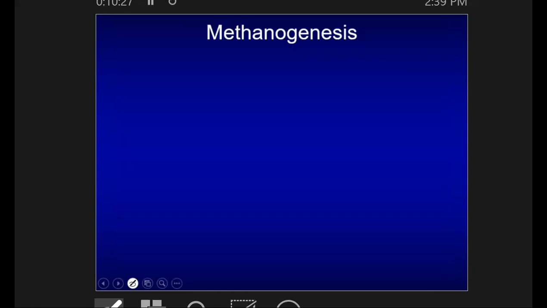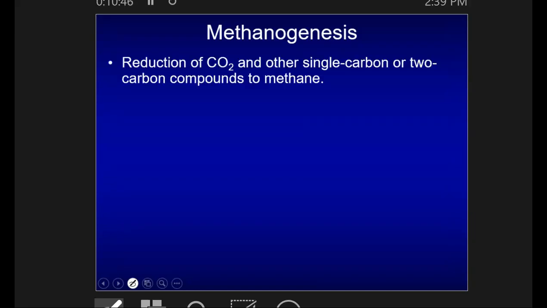Here's another funky one. You know what genesis means in general? Creation, right? So genesis means to create. So creating methane is how you would interpret that word. And so here we have this idea that some microbes can take, for example, CO2.